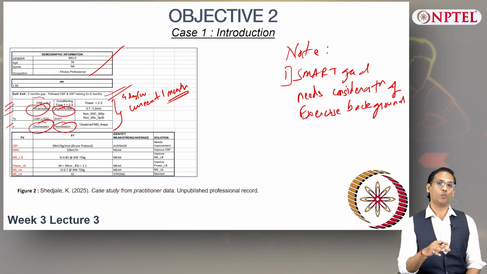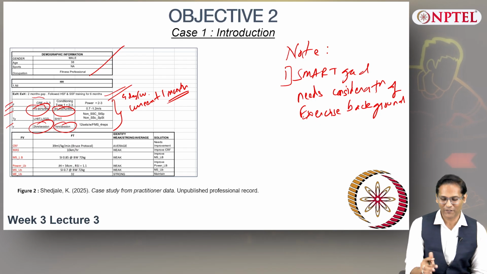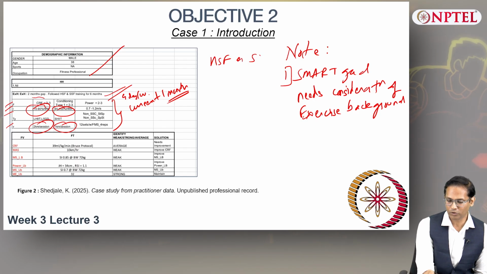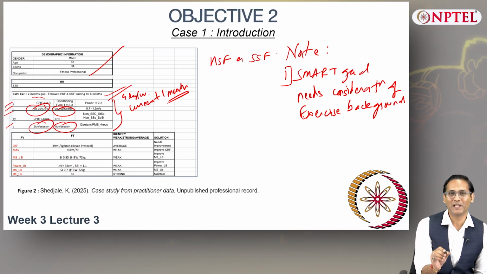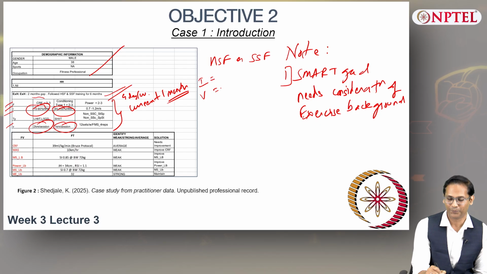So over here, what is the fundamental information you will need? For every fitness variable, health specific or sport specific, you should be able to identify how to write the intensity and how to write the volume.